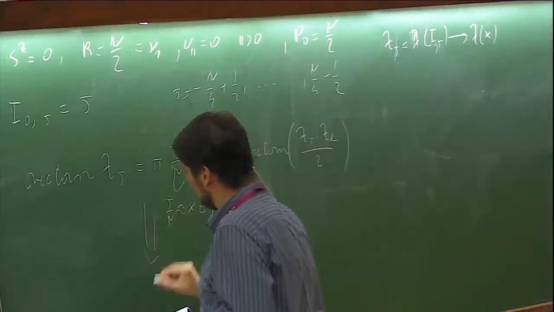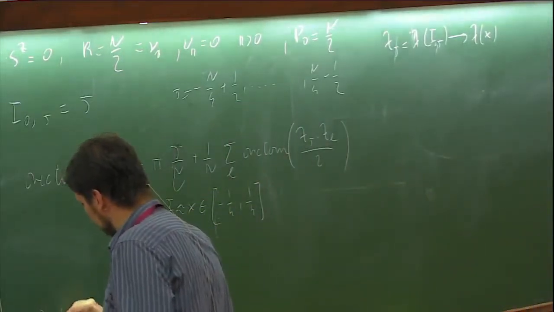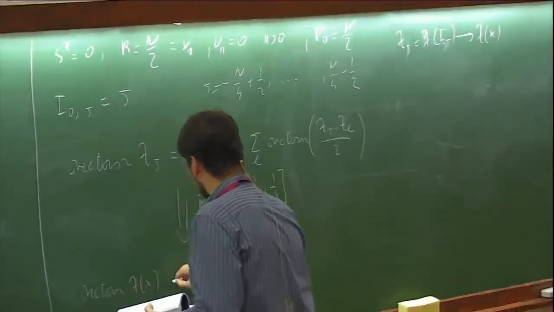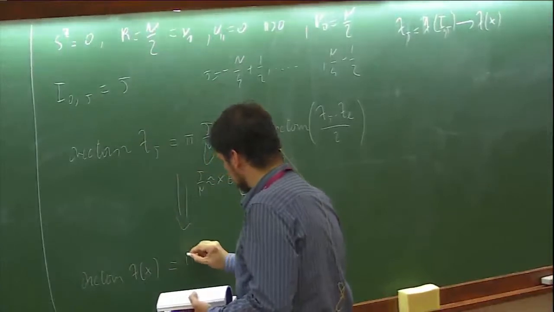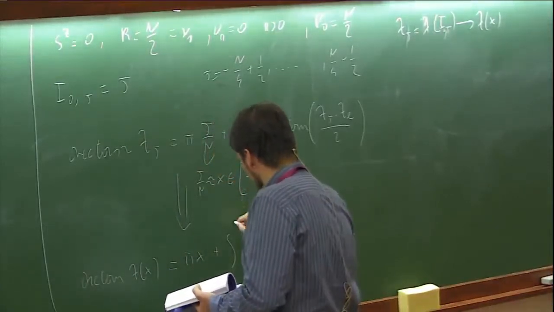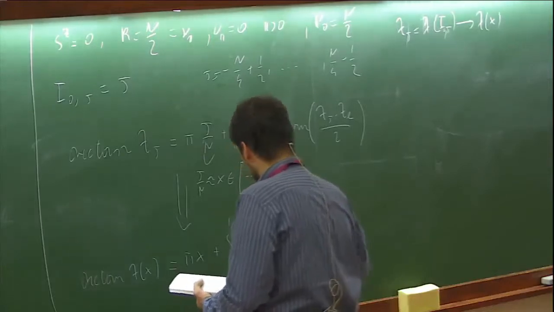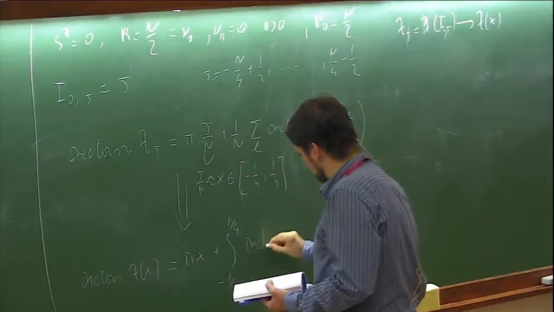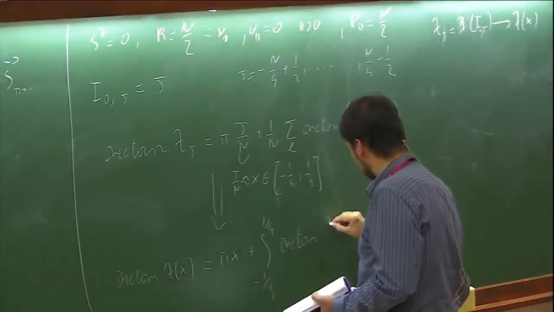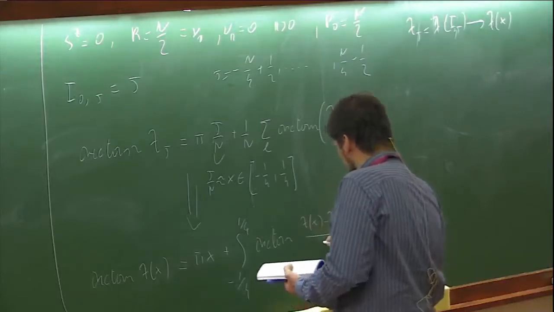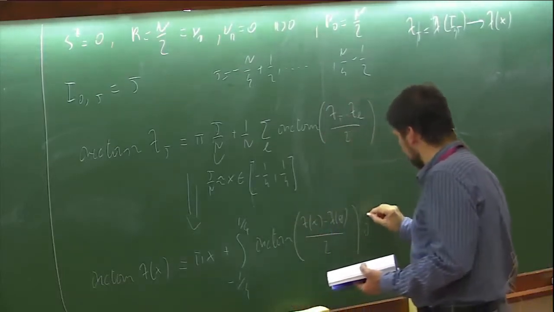And so this, in the continuum limit, becomes arctangent of lambda(x) equals pi x plus the integral from minus a quarter to a quarter of the arctangent of (lambda(x) minus lambda(y)) divided by 2, dy.